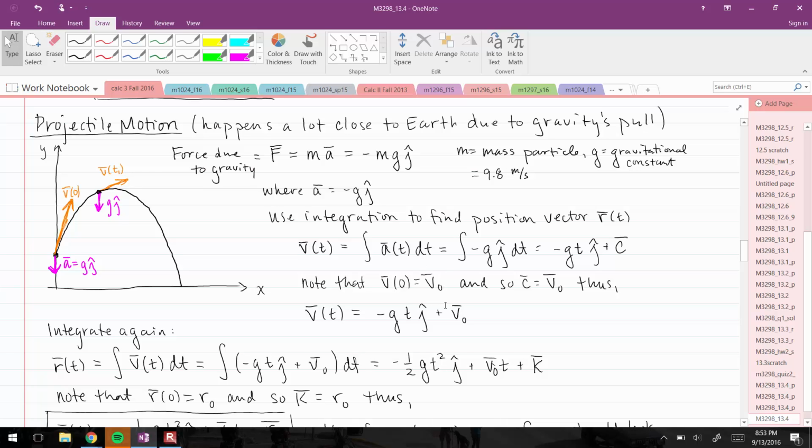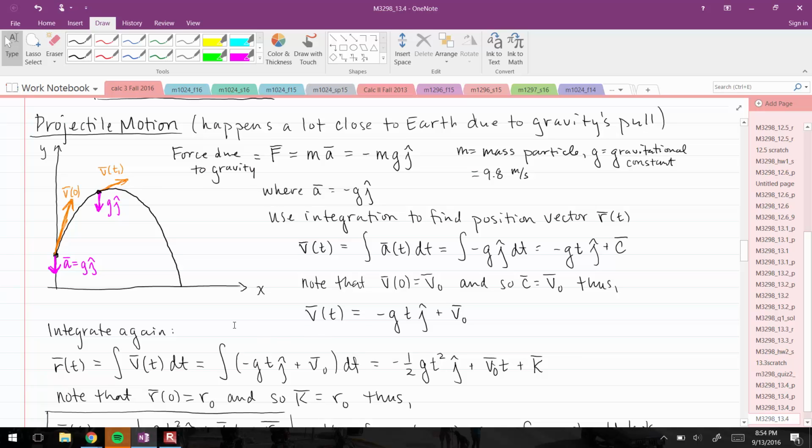Whatever that may be, that initial velocity, we'll call it v naught, and that's specifically what that constant c will be. So we could just give it a more specific name, and it's useful in our formulation because that's something that's typically given or we're supposed to find. Alright, anyway, so here we are with our velocity vector function.